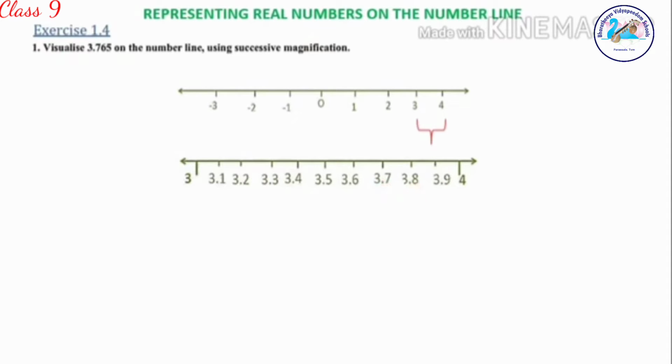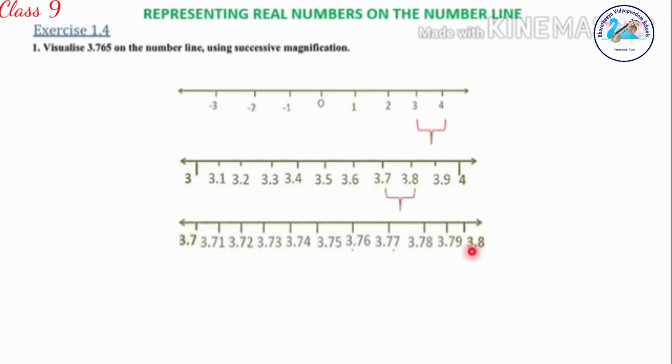That means in successive magnification, in the third step we have to represent 3.7 and 3.8 on the number line, and we have to divide between 3.7 and 3.8 into 10 equal portions. That is, 3.7 and 3.8 we have marked, and between them we will divide it into 10 portions: 1, 2, 3, 4, 5, 6, 7, 8, 9 and 10.